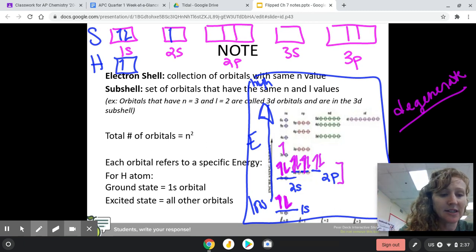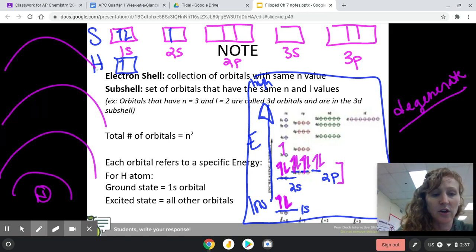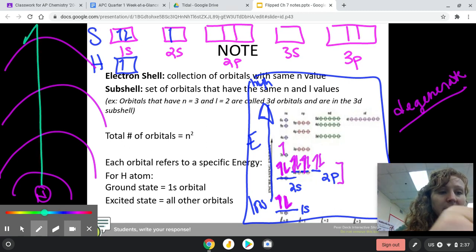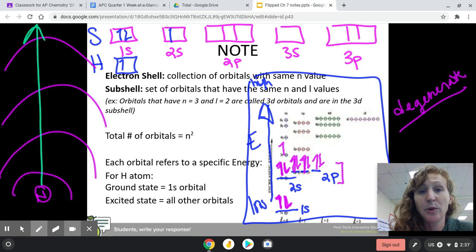this distance idea. So if you have a nucleus here and you have a whole bunch of energy levels that are going out from that nucleus, you need to think about this in terms of potential energy. So if we think about this as if it's like books being stacked up, right? What is more stable?